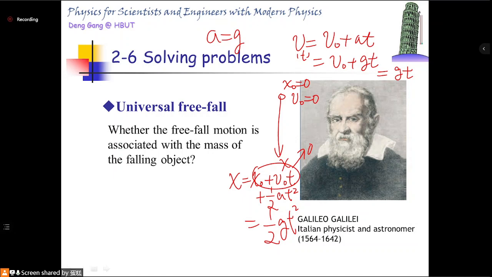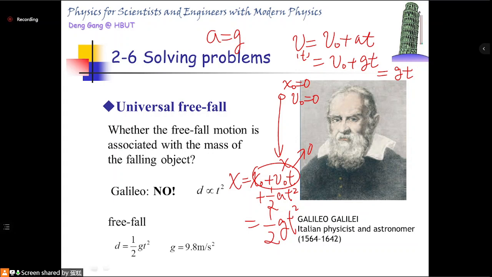It is said that Galileo Galilei did this experiment on the Leaning Tower of Pisa, but no one knows whether he really conducted this experiment. But these equations tell us they should arrive at the ground at the same time, no matter what the mass is.